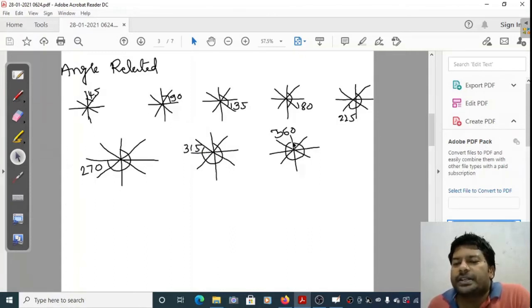Similarly, from facing north, he has taken a circle and again he is facing north, then he has taken an angle of 360 degree. All these are basics that we all know. Now we'll quickly move on to problems.